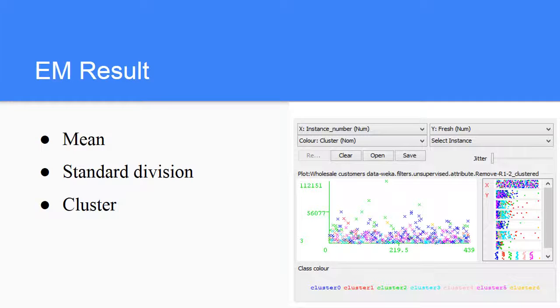But for the cluster part, it is different from K-means. In this result, it provides 7 clusters, based on the method of EM. I will talk about this in the next slides.